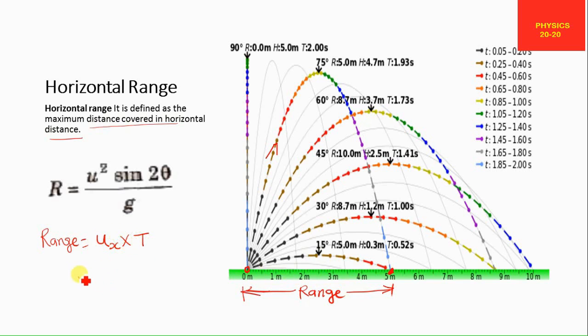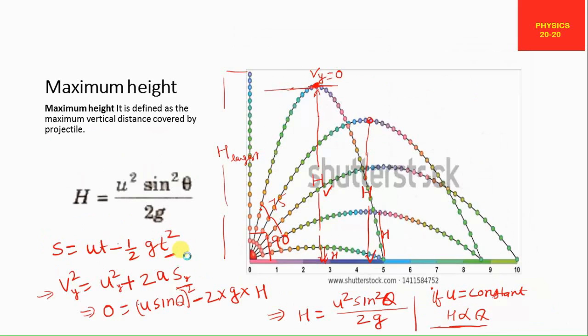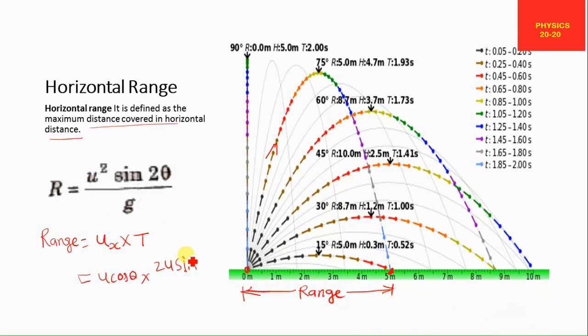This is simply the velocity in this direction, u_x, multiplied by the time of flight, t. So u_x is equal to u cos theta, and the time of flight is equal to 2u sin theta by g.